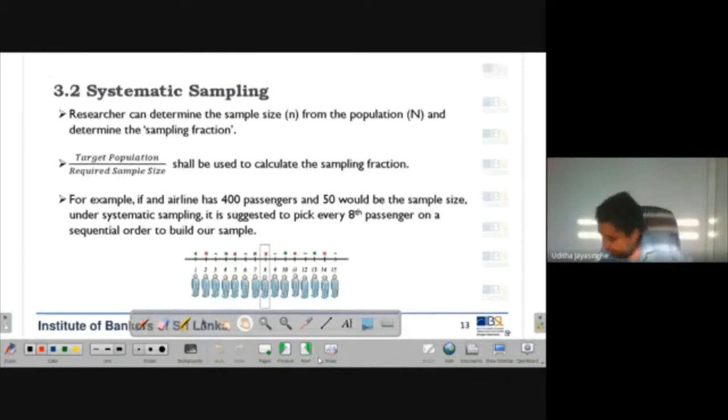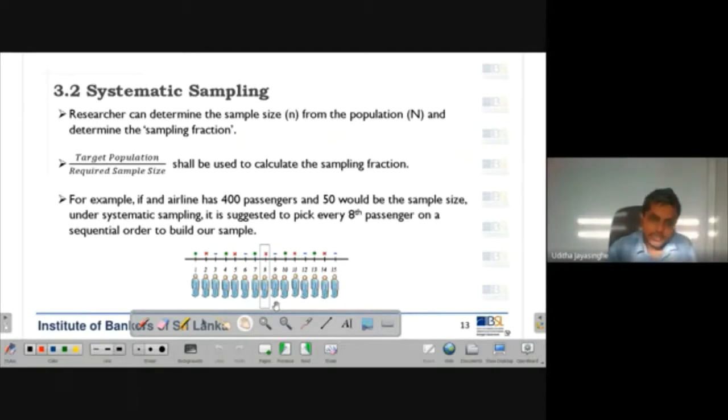Okay, the second one, systematic sampling. Now we are still under probabilistic sampling. After simple random, we're going to discuss systematic sampling. Okay, let's read the text.